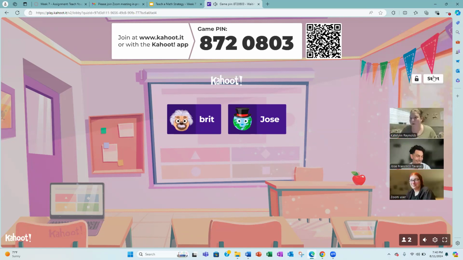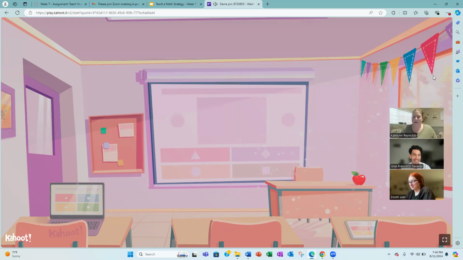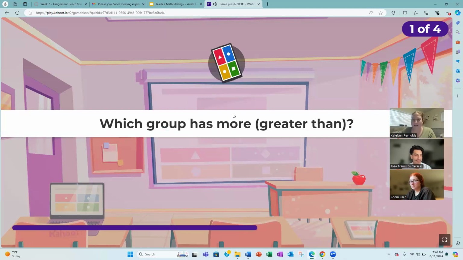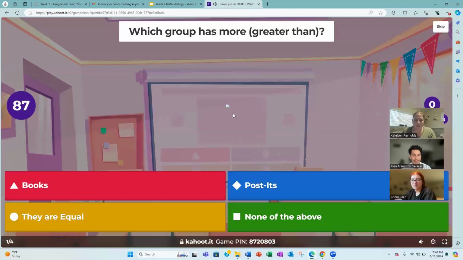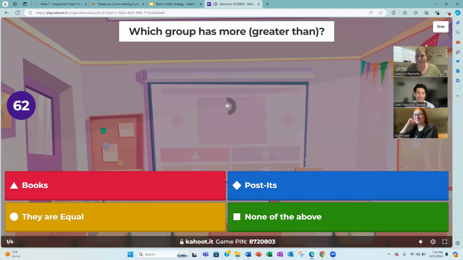Let me move this over. Let's start. Compare numbers quiz. 3, 2, 1. Quiz time. Which group has more greater than? Oh, we have to wait for the picture to load. The answers will either be books, Post-its, or they're equal, or none of the above. Oh, this is crazy.